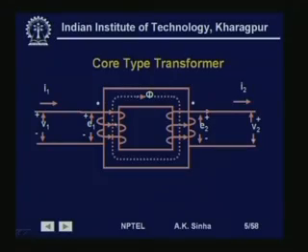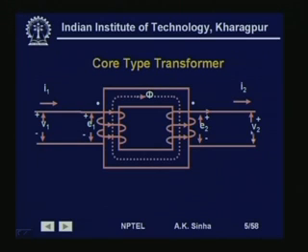If we energize one side and we get some current flowing into this, then a flux is set up like this, and since this flux is time varying and it is cutting this winding also, therefore, you are going to get a voltage induced here. Now, if you connect a load here, you will get a current flowing through this.